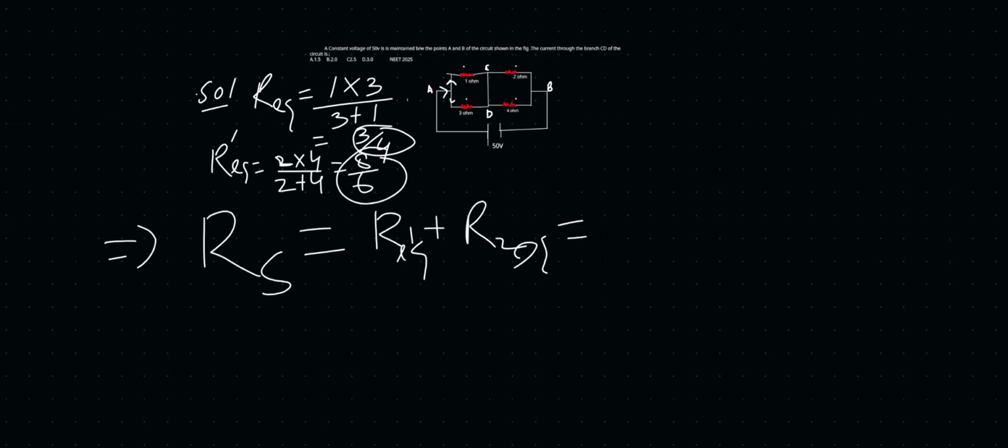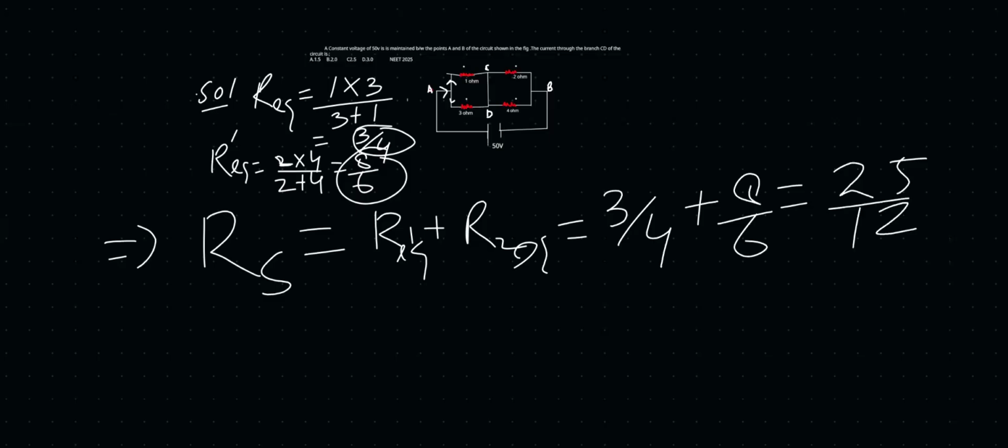When we solve this, it comes to 25 divided by 12. 6 threes are 18, 4 eights are 32. Yes, it will be 25 by 12.